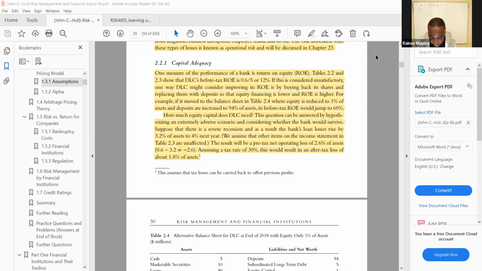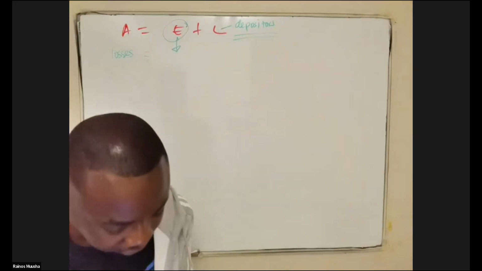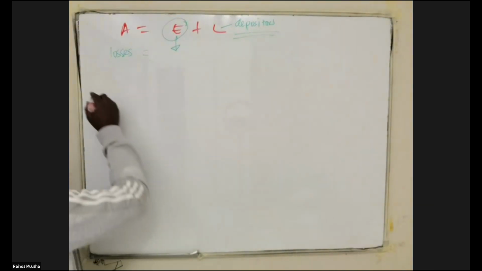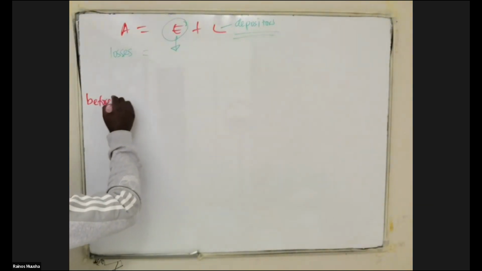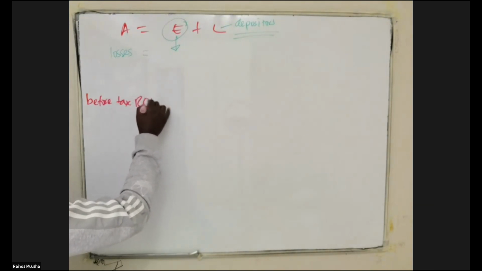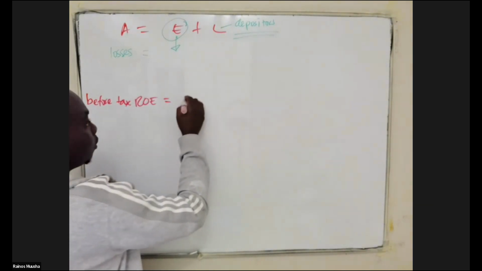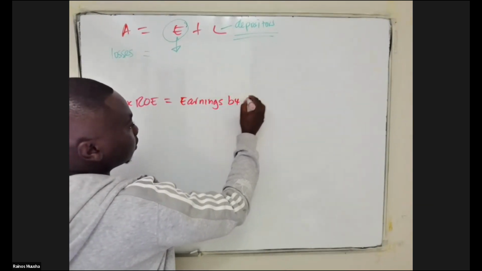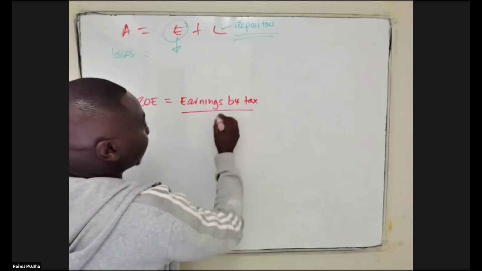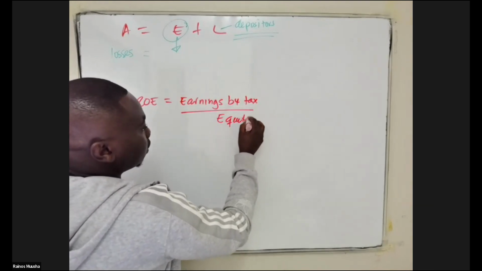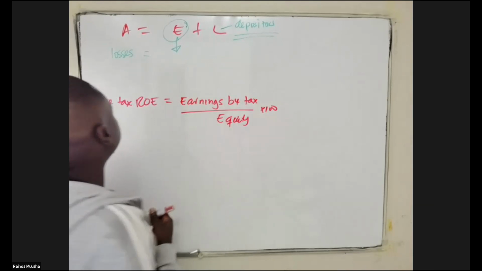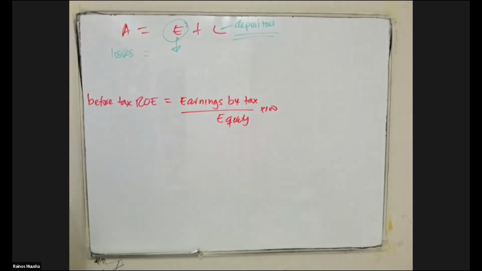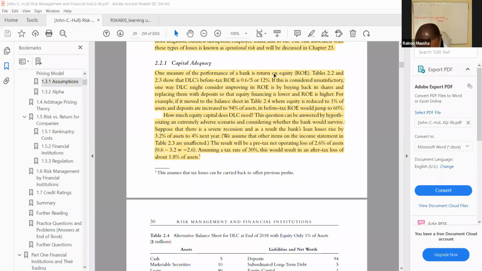The before tax return on equity is given as your earnings before tax divided by the value of equity. If you multiply that by 100, it will give you the before tax return on equity.